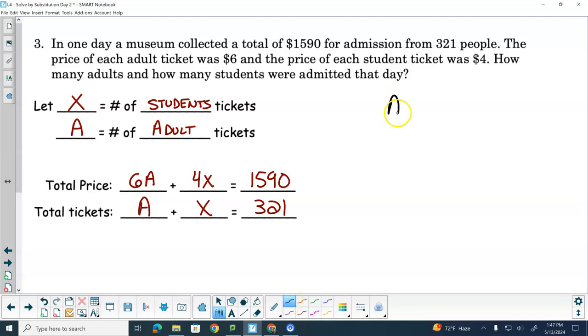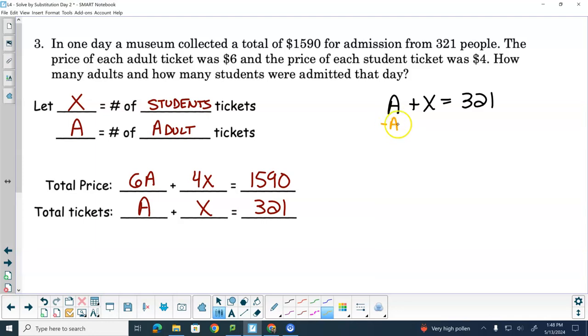So my bottom equation was A plus X equals 321. You want to solve that for X, is that what you told me, right? So that means I'm going to subtract A from both sides.